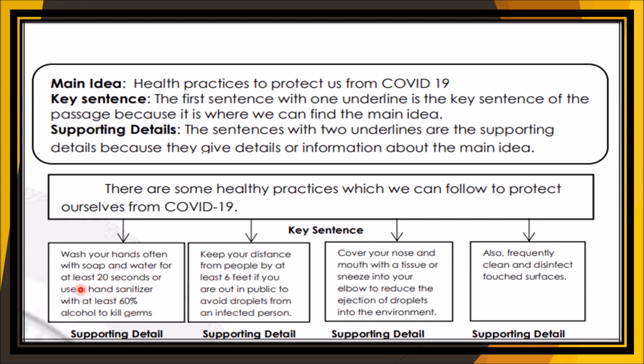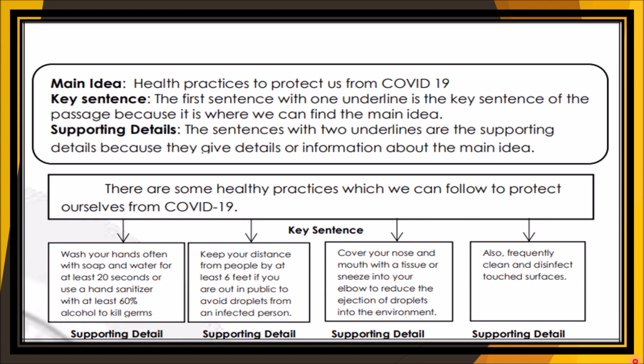So, itong nakalagay dito sa baba, ito yung mga supporting details na makikita rin natin doon sa paragraph na binasa natin. Tama? Ang paragraph na binasa natin ay tungkol sa healthy practices na dapat nating sundin. Bakit kaya? Kaya dito dinidiscuss na isa-isa, sinusuportahan ang detalye para lalo nating maunawaan.